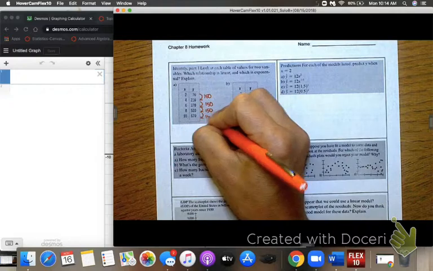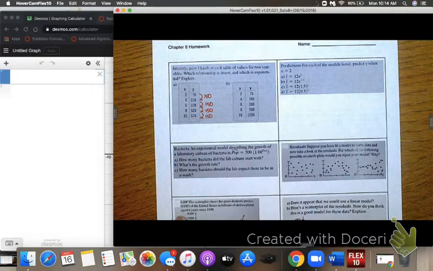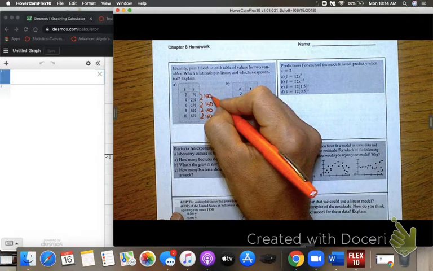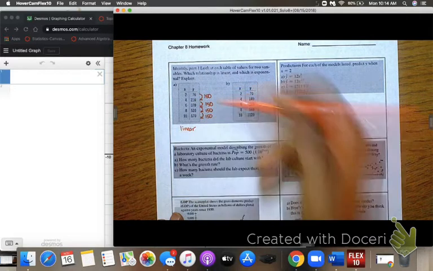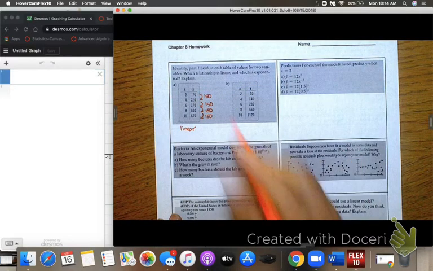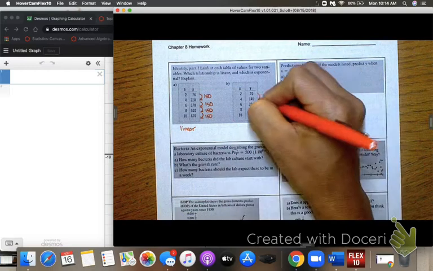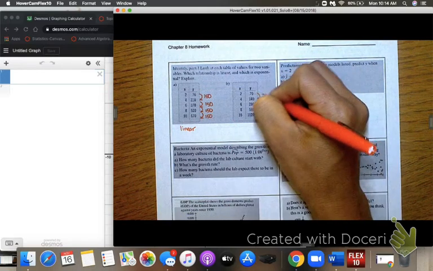Because it is a steady jump rate, this one is going to be linear.